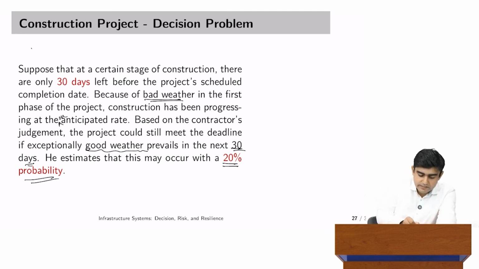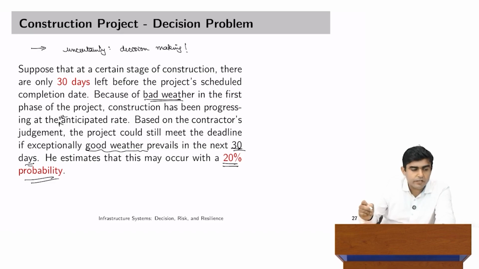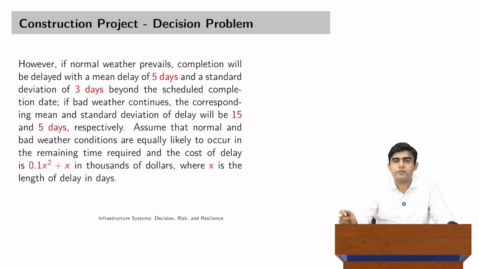And here you can clearly see that we are combining uncertainty with decision making, because now a lot of other random variables are also going to come into the picture as we go forward. Now, if normal weather prevails, his experience says that completion would be delayed with a mean of 5 days and standard deviation of 3 days beyond the scheduled completion date.